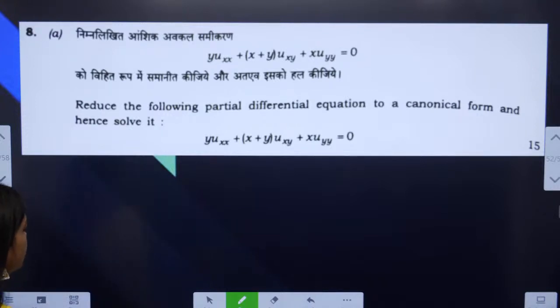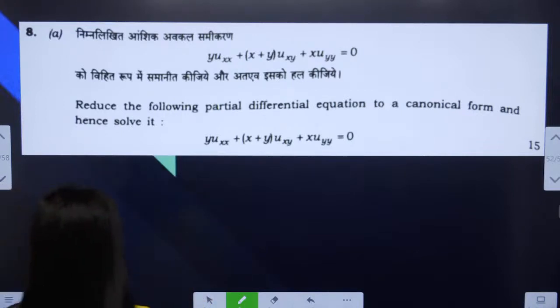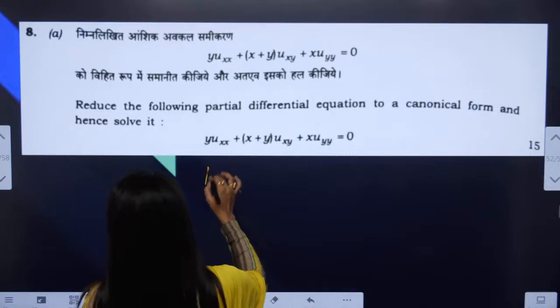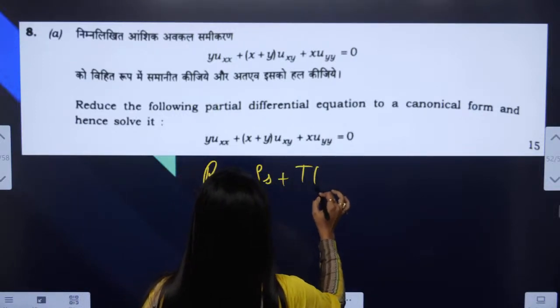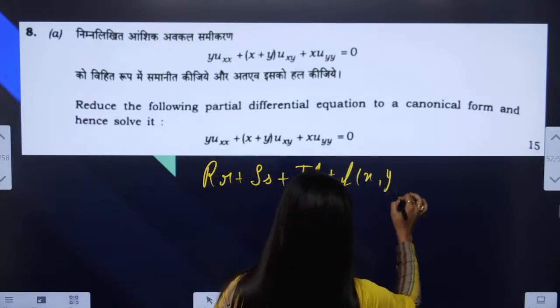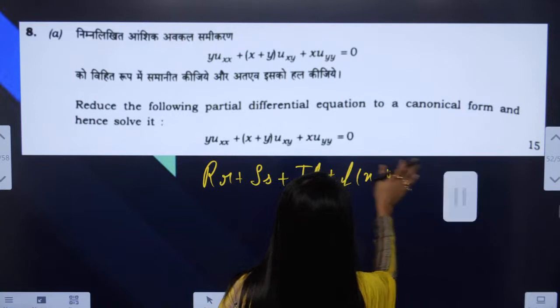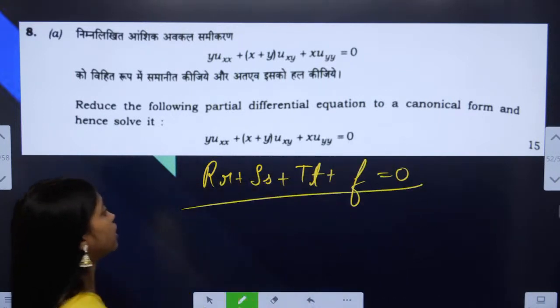So, this becomes R r plus S s plus T t plus F x y plus F is equal to 0. Make the comparison.